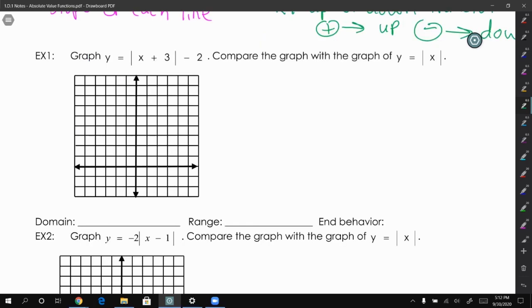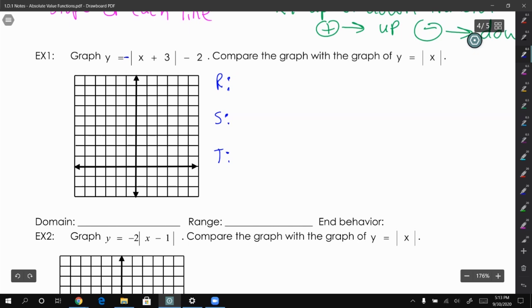We're going to use what we talked about earlier to graph some absolute value equations. So we have y equals the absolute value of x plus 3 minus 2. Compare the graph with the graph of y equals absolute value of x. So we're going to look at this function and tell if there's a reflection or not, a shrink or stretch, and a translation. So we do what I call RST. R is for reflection.